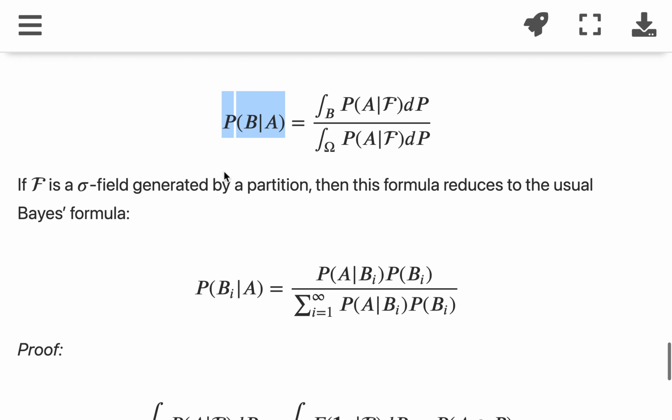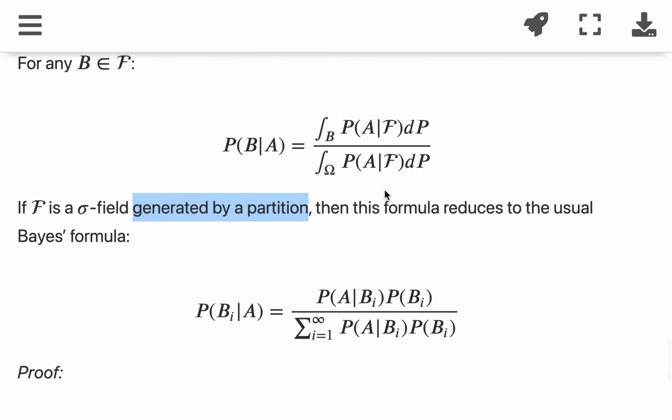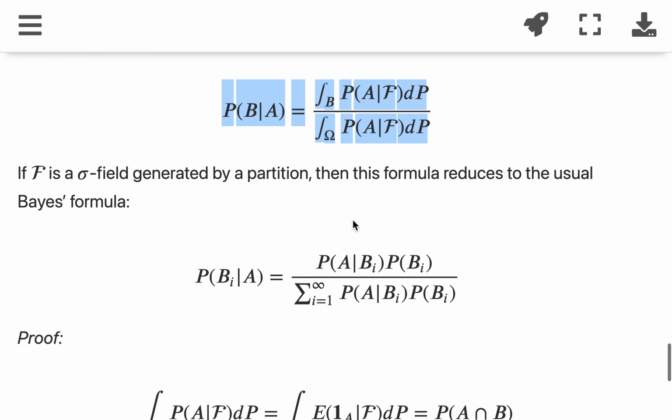And we also want to prove that when the sigma field F is generated by a partition, then this formula will just reduce to our Bayes formula, which is P(A given Bi) times P(Bi), and the denominator will just become a summation.